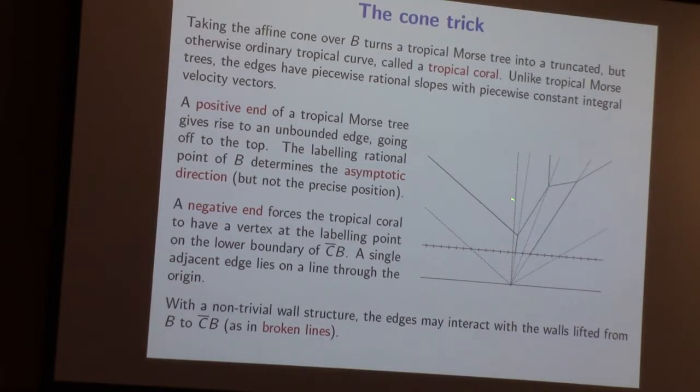I will do this on the next page. So what will happen is, if you draw a tropical curve here, and you project it along the radial directions, it will project to a tropical Morse tree. So the tropical tree in this cone, in this big thing, will translate into a tropical tree.